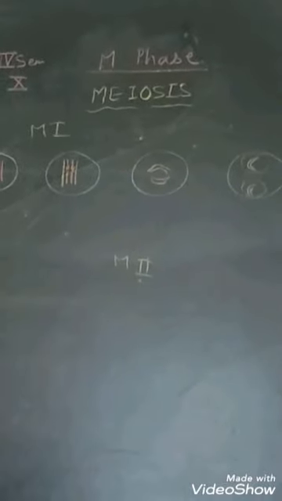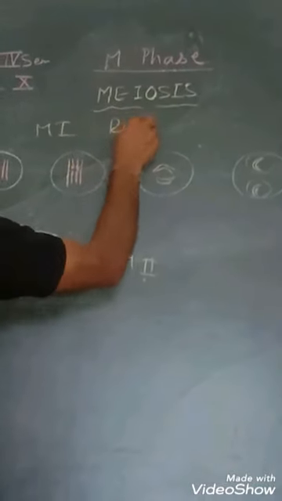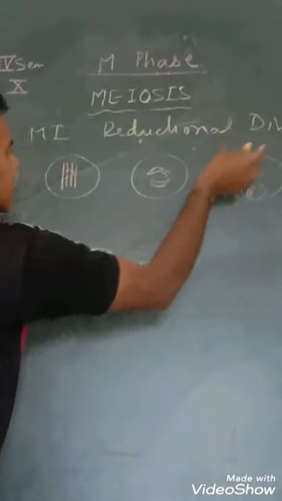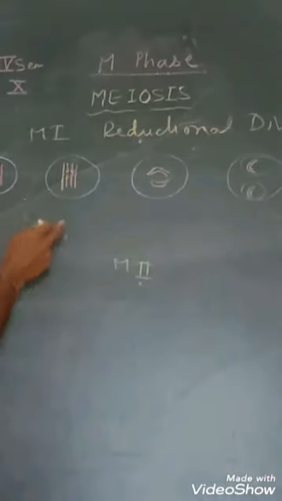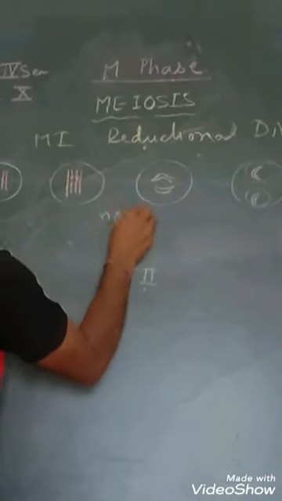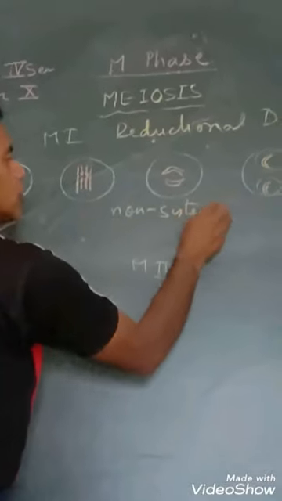This division was also known as reductional division, and in this division it was the separation of non-sister chromatids of homologous chromosomes.